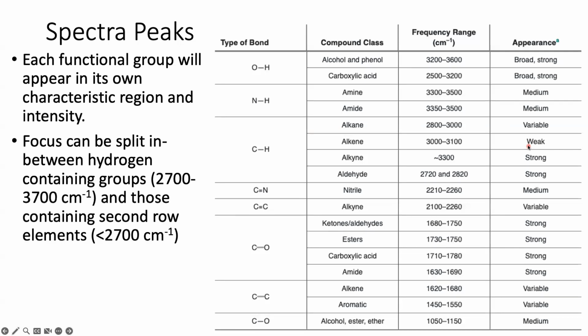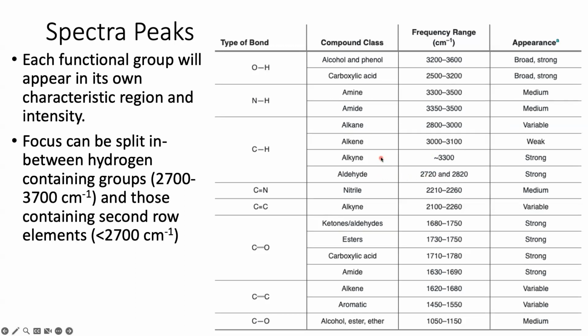So a lot of our focus is going to be split into two major regions. First, we're going to be looking at our groups containing hydrogen, so this is our OH, NH, and CH bonds. These almost all occur at some frequency above 2,700, so this 2,700 to 3,700 inverse centimeter region.